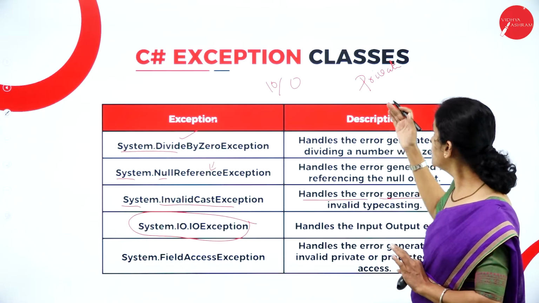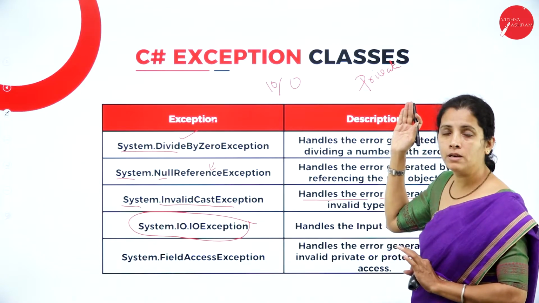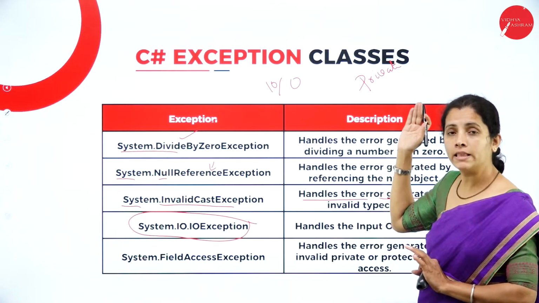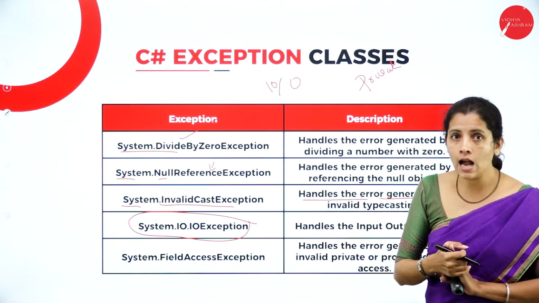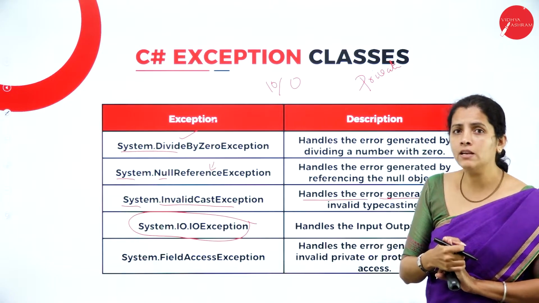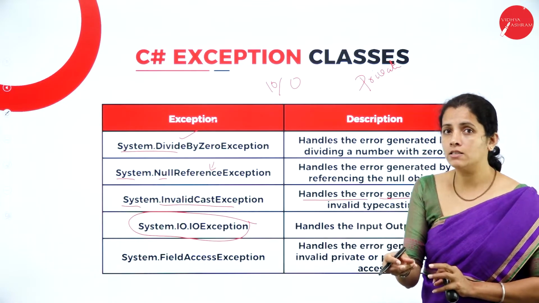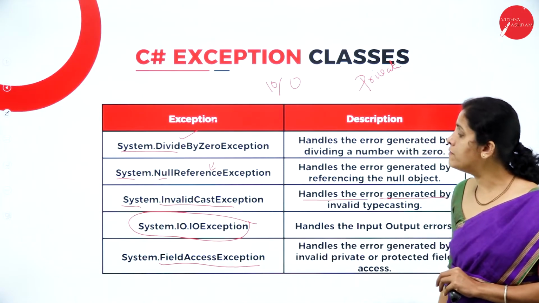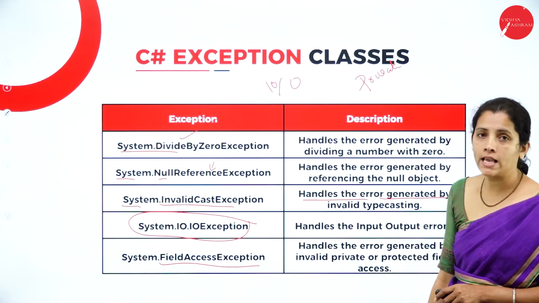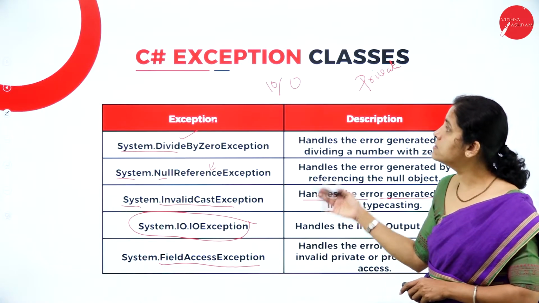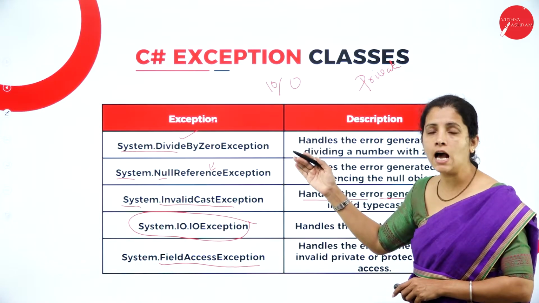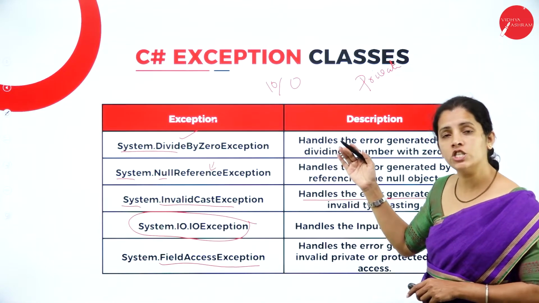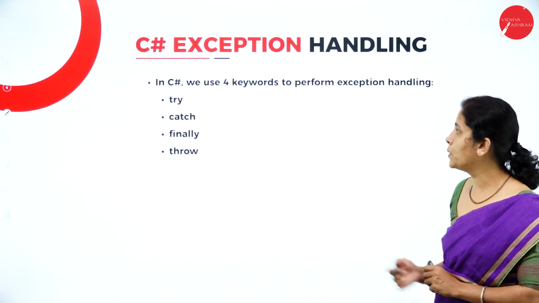Now, if I try to access private data members and methods outside of the class, then what's going to happen? It generates errors, and to handle those errors, I have FieldAccessException. So these are certain exception classes supported by the C# programming language.